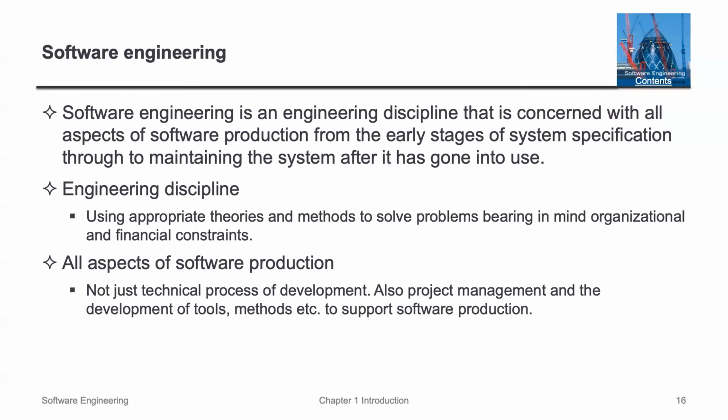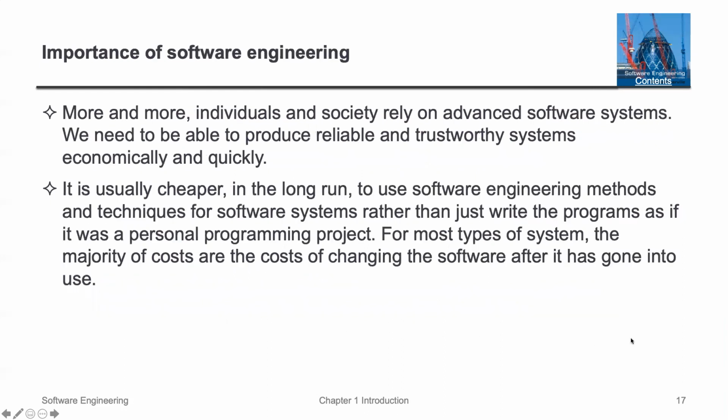As an engineering discipline, it uses the appropriate theories and methods to solve problems, bearing in mind organizational and financial constraints. And it has to deal with the whole life cycle of software production. It's not just a technical process of development. Project management and the development of tools, methods, et cetera, have to be considered in the support of software production.